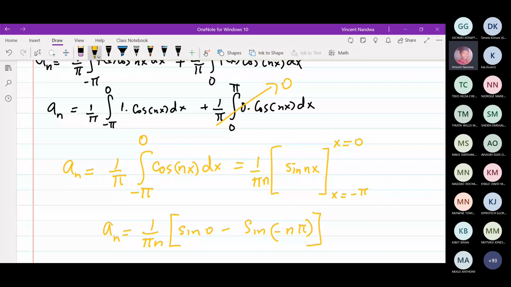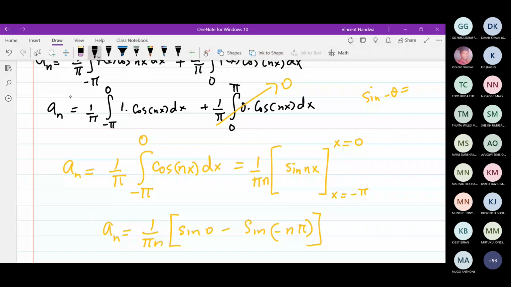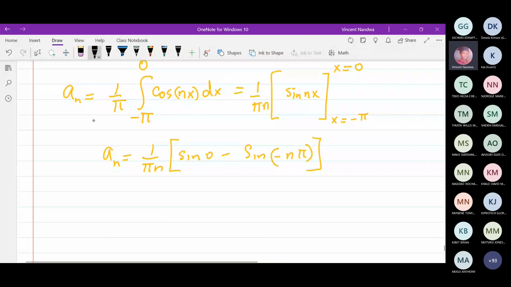So sine of a negative angle is the same as negative sine theta. Remember, sine is an odd function, which means we can remove the negative sign here. And so we'll have sine of 0 plus sine of pi n.